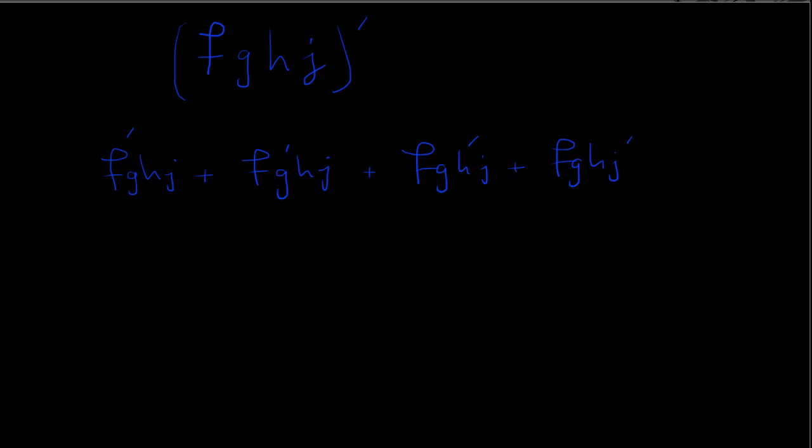What happens if we have 5 functions? So let's say we have f, g, h, j, and k. Because we have 5 functions, we're going to have 5 terms. Each term is going to have each of those functions.